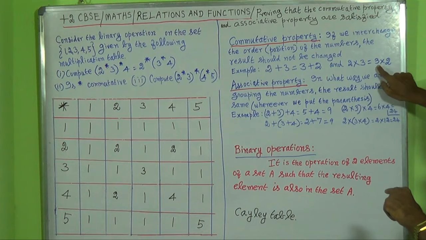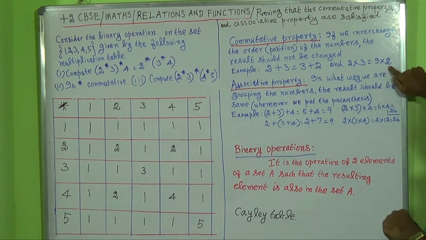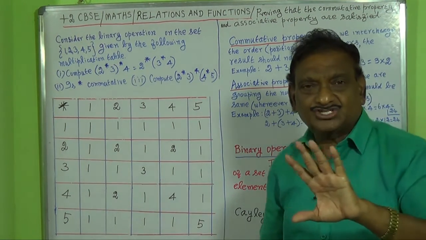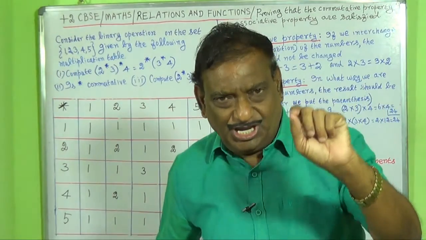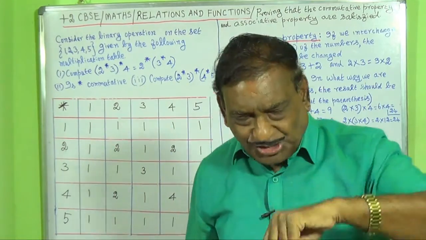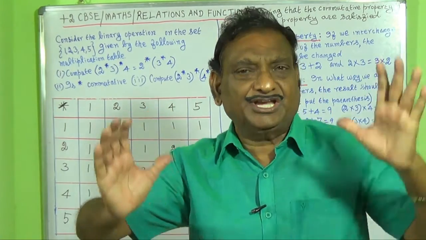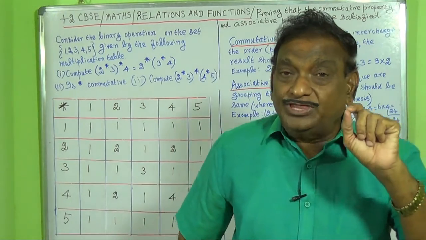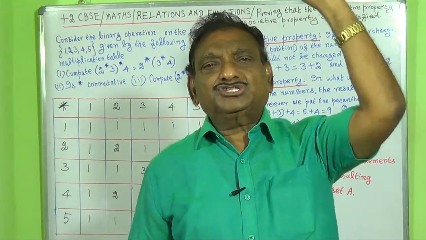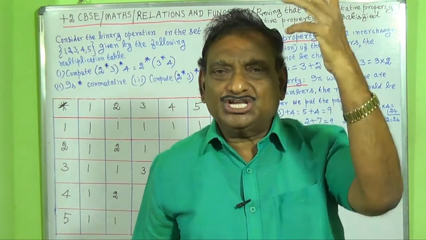Here also the result is 6. Even though we interchange the numbers, the result is not changed. The result is the same. So in the case of multiplication also, the commutative property is satisfied. So we can conclude that in the case of addition and multiplication, the commutative property is satisfied.